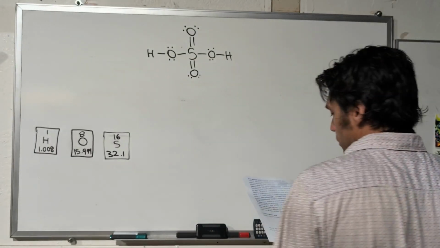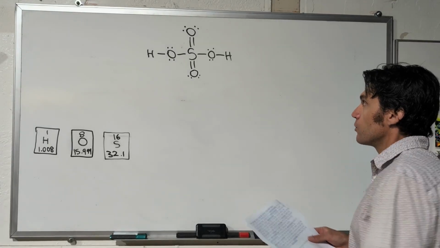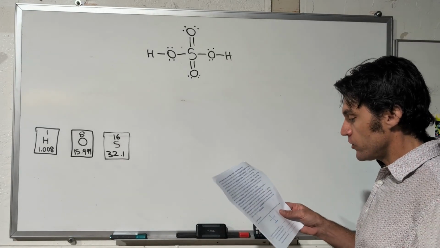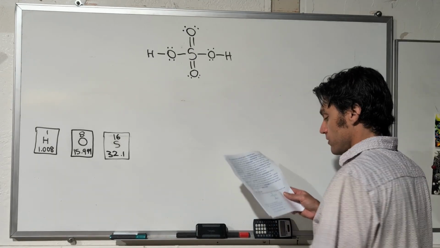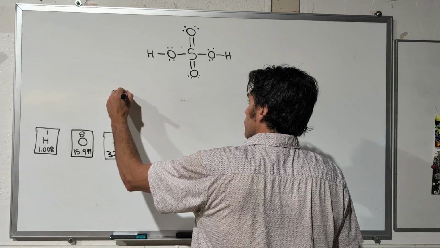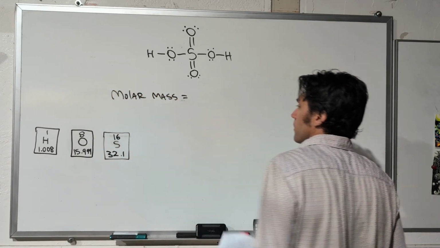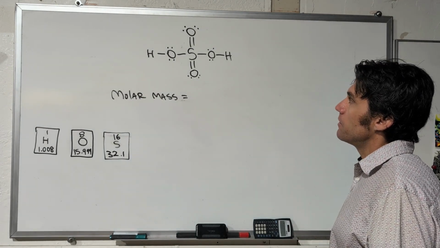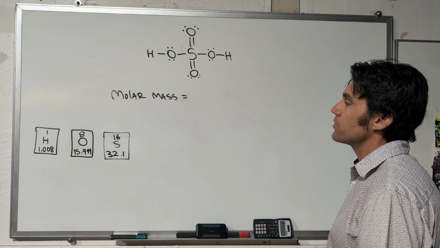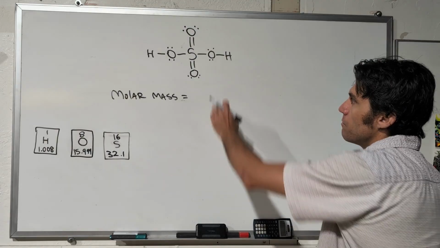Okay, let's do problem 2 on the study guide, looking at an acid. We're looking at sulfuric acid. First thing it says to do is calculate the molar mass. Just like last time, we add up the atomic mass of all of the elements on the periodic table that are in the molecule.